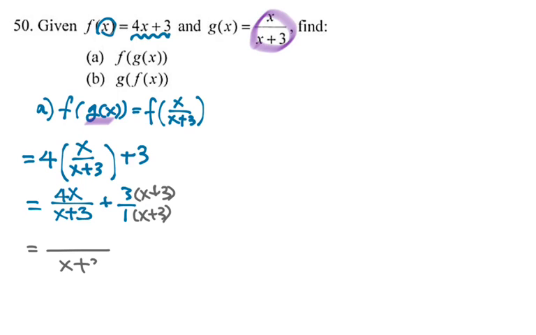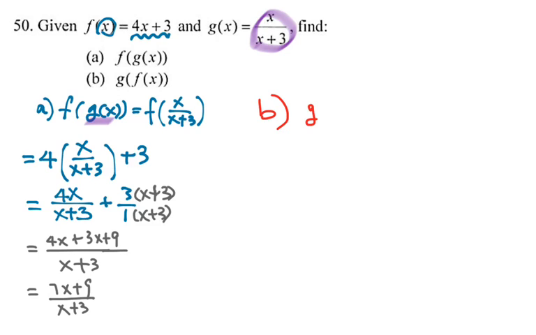Then once you calculate this, x plus 3 is the same value. And 4x, and as you distribute 3 to x plus 3, we get 3x plus 9. When you combine 4x and 3x, we end up getting 7x plus 9 over x plus 3. That's basically what we end up getting.